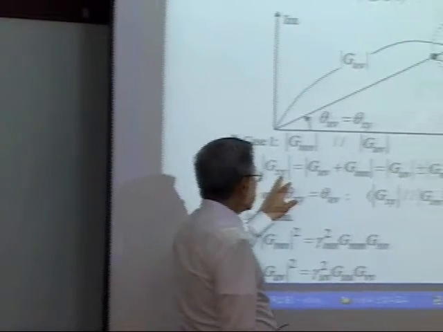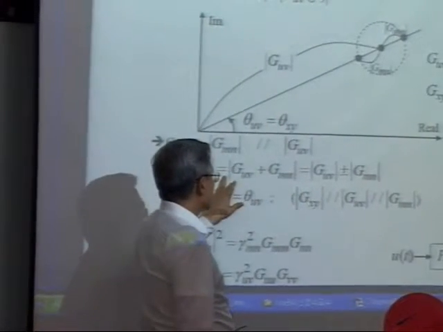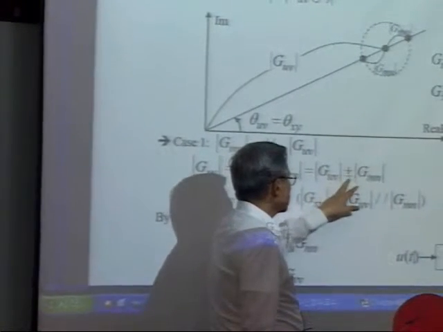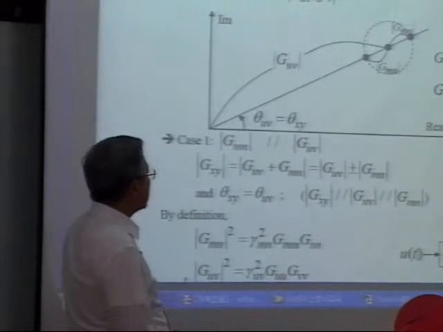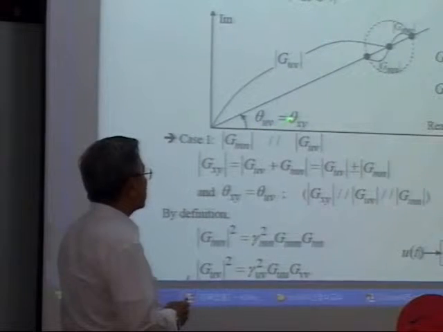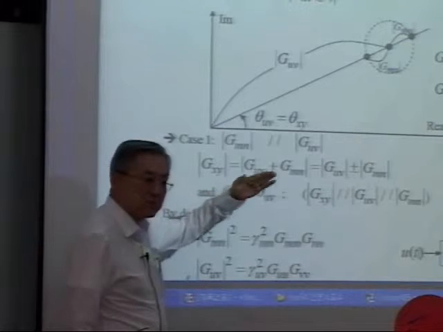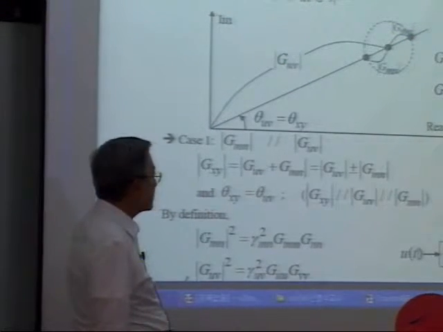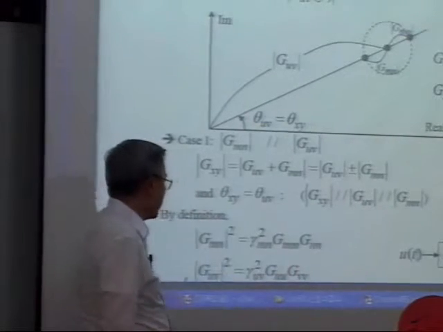So GXY is the absolute of GUV plus or minus GMN. Then of course the angle theta UV and theta XY are the same, because this is parallel to that, and this here is all parallel.